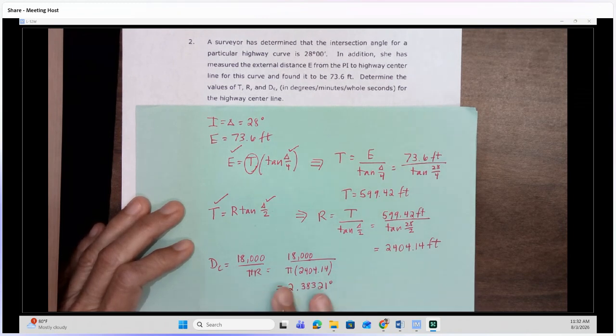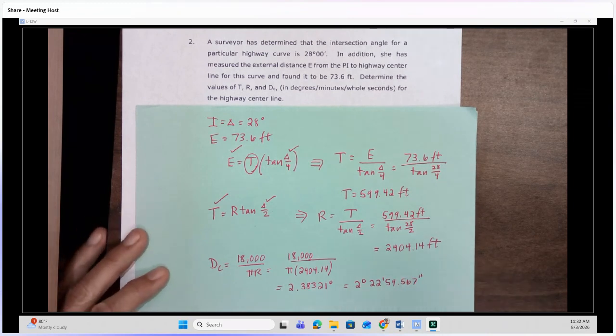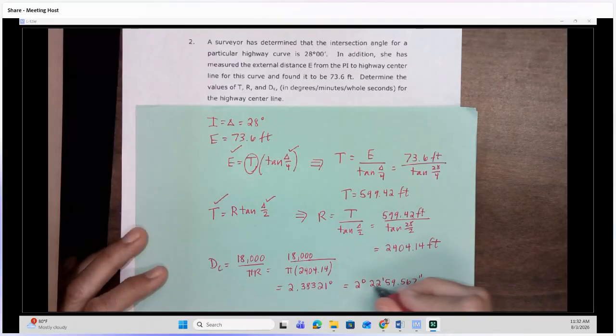We'll convert that to degrees, minutes, seconds. That becomes 2 degrees, 22 minutes, 59.567 seconds. So for whole degrees, minutes, and whole seconds, we'll round that up to 23. So this becomes 2 degrees, 23 minutes.